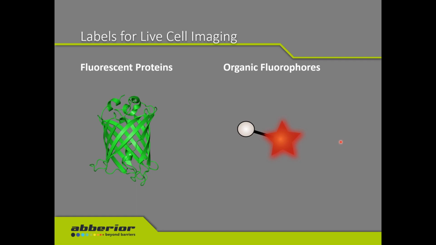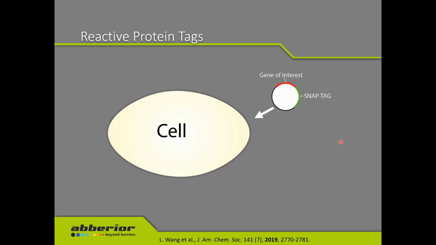Using organic fluorophores for live cell microscopy also needs strategies to label our targets in our living cell. One strategy is the use of protein tags. The principle is quite the same as with fluorescent proteins. You have your plasmid consisting of your gene of interest, and right next to it there is a gene for your protein tag. In this case it is SNAP tag, but you can also use Halo tag or CLIP tag or other protein tags.